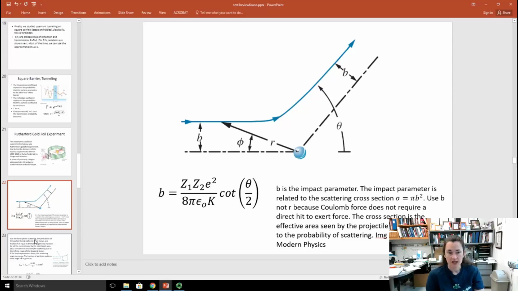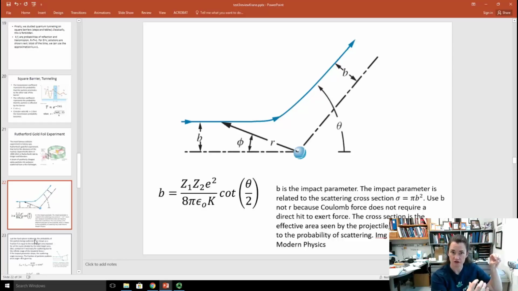Okay? Now, b, the impact parameter, is also the effective radius of your target nucleus. Because there's a very, very strong force in between the two nuclei, the Coulomb force, they don't ever actually touch. This isn't hard sphere scattering. Okay? So b is the distance off center from the center of the alpha particle to the center of the target nucleus.